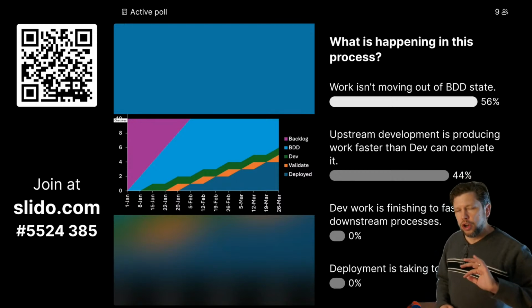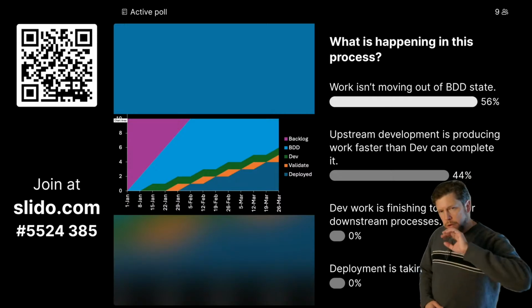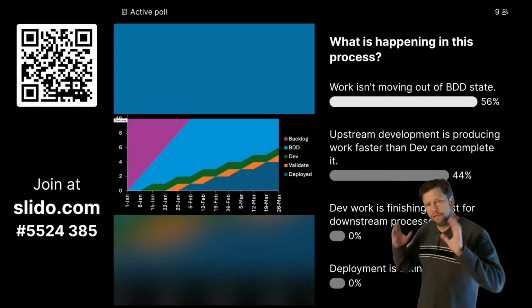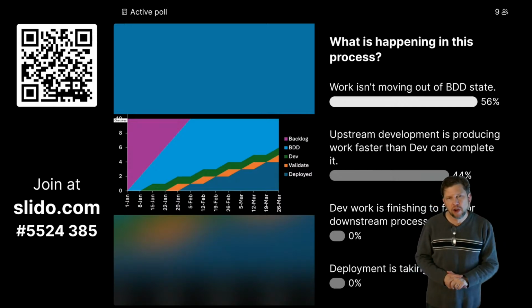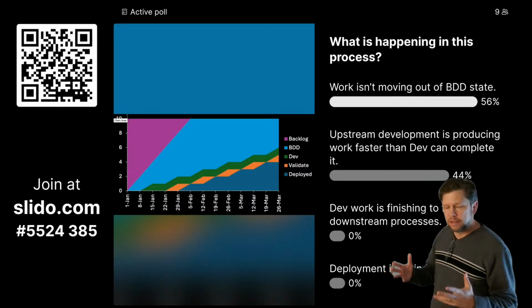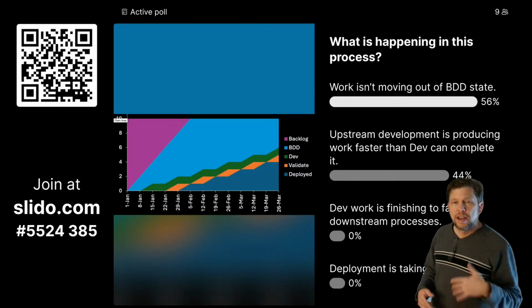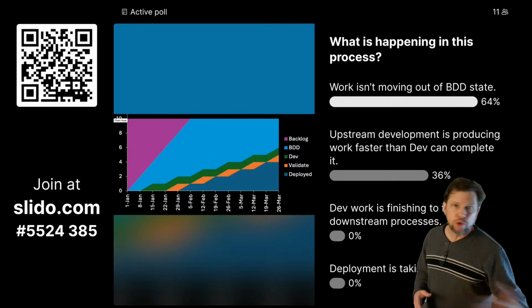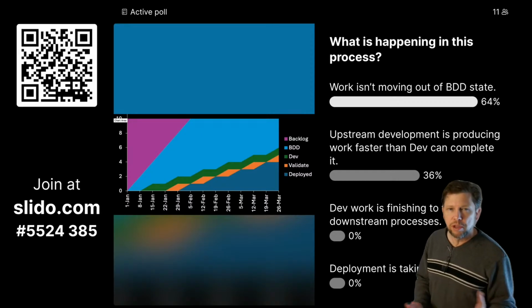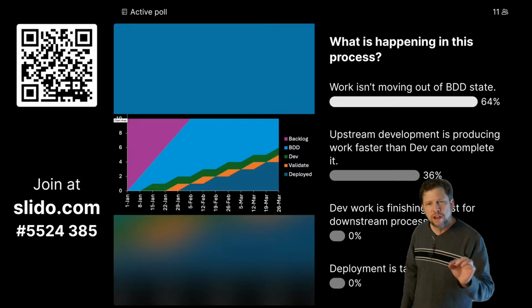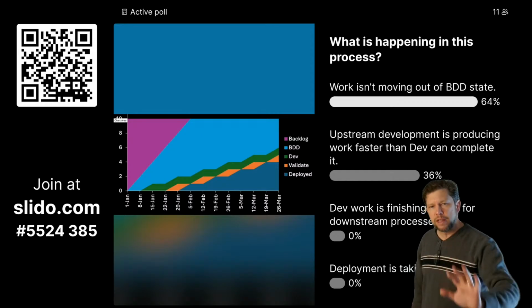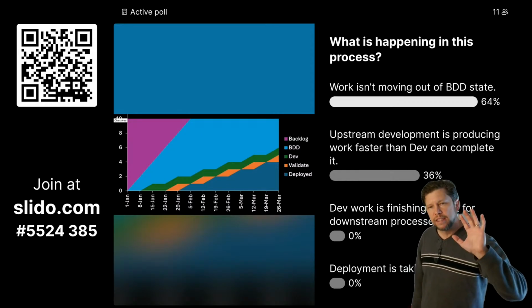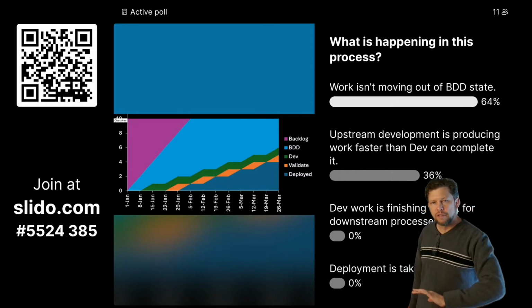The thing I want to point out is that because we defined what's happening, we can look at this and say, oh, the BDD process is completing stuff. Now, it could be that the BDD process is actually just taking on work really fast and not actually completing it. That could happen, because we're not really clear just by looking at the graph why it isn't moving from BDD to dev.